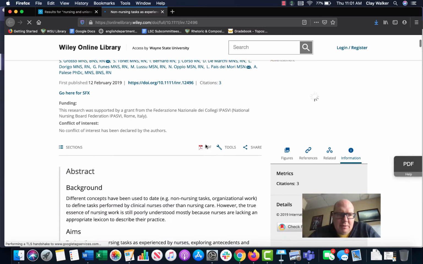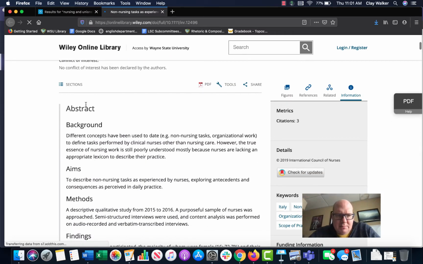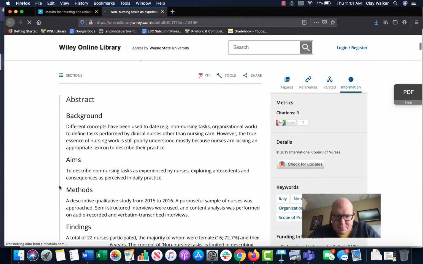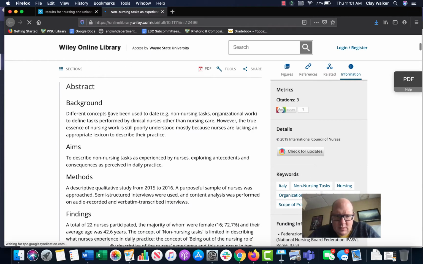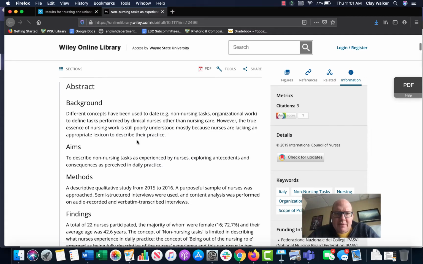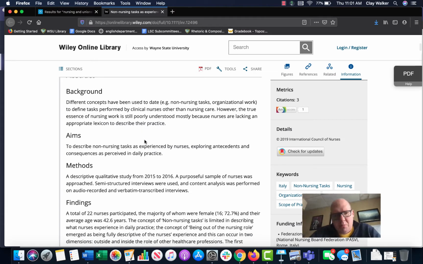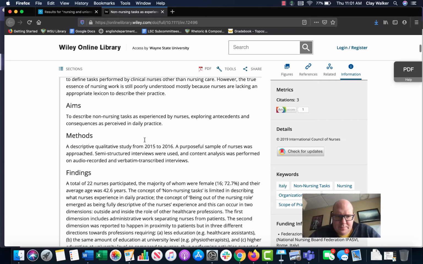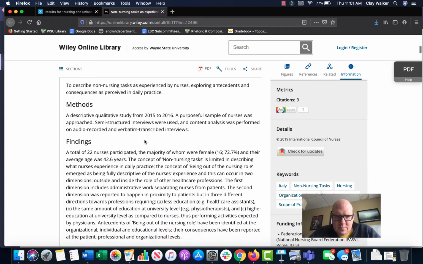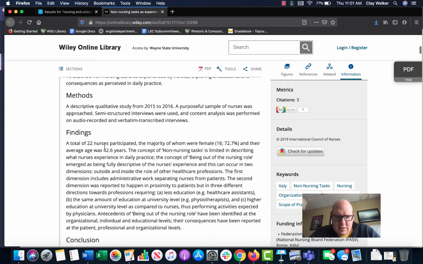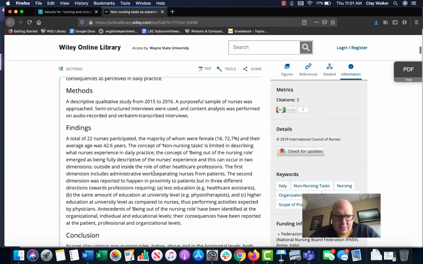So I'm going to pull this up. I'm going to look at the abstract here and make sure that this still feels like something I'm interested in. So this is definitely talking about the kind of work that nurses do. I think that would be important. It describes the study and the findings a little bit.